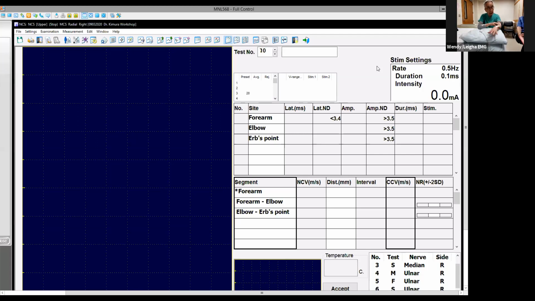That's because extensor carpi radialis is not innervated by the posterior interosseous nerve. It is innervated by the radial nerve, and therefore it is spared in case of posterior interosseous nerve lesion, which I showed you, right? So it's deviated like this.